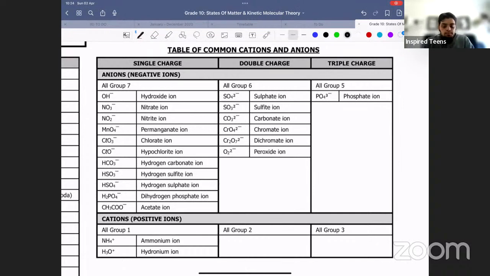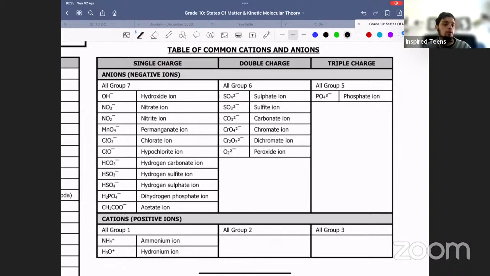Okay, I'm back. Let's continue. So why is this important? Because you see this table of common cations and anions, you'll take this with you till matric. The quicker you learn it, the better. Because once you learn it, you will be able to formulate different compounds. You will be able to know the names of different compounds.